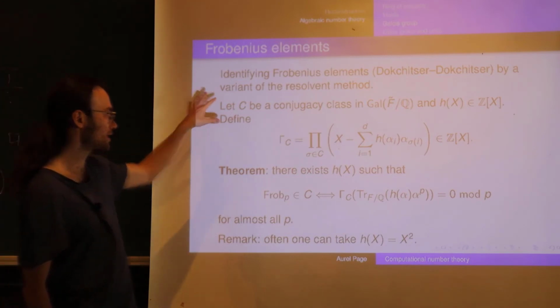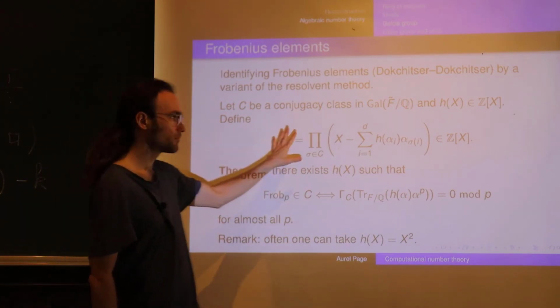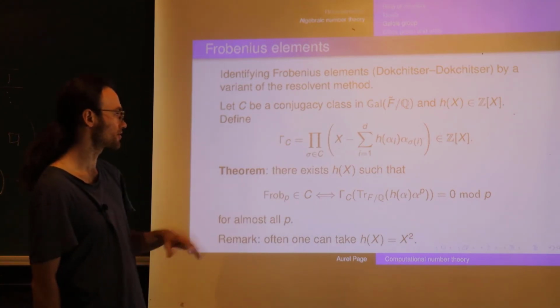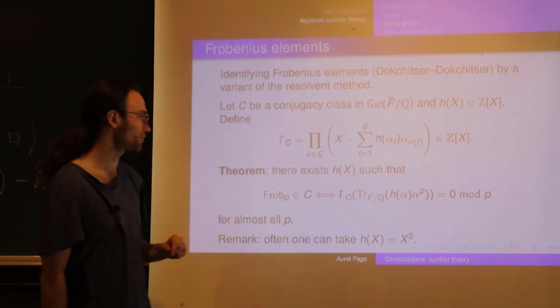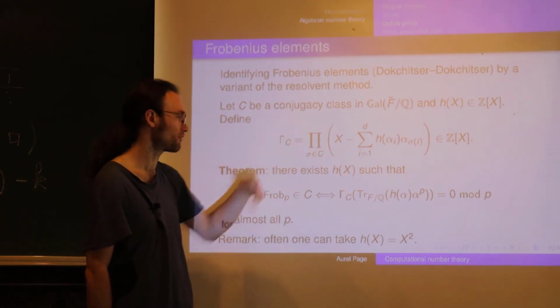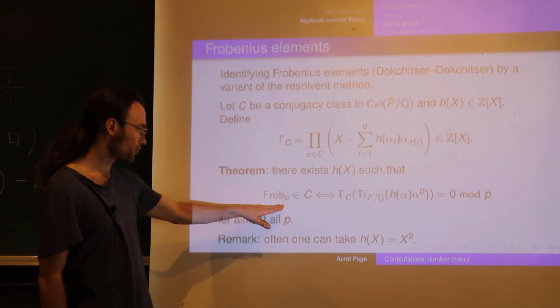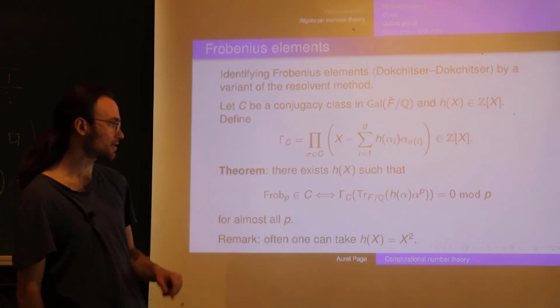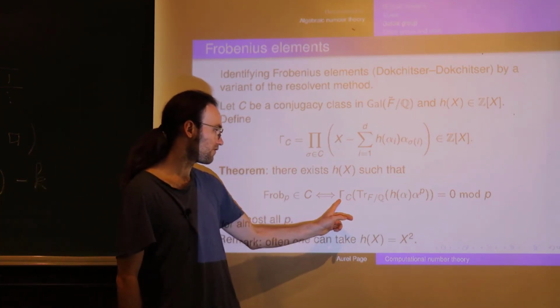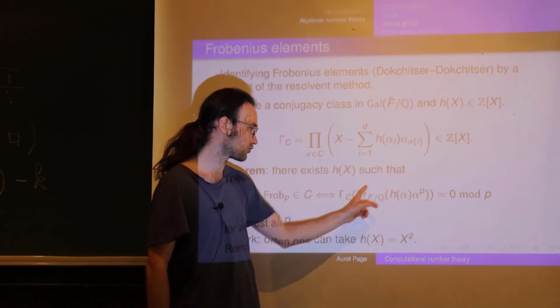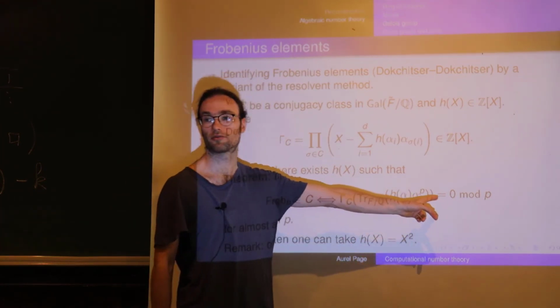So you take a conjugacy class, you construct a certain polynomial. Okay, the precise shape doesn't matter that much for now. It's another type of resolvent, basically. And the theorem tells you that the Frobenius element is in a conjugacy class if and only if, when you evaluate this at a certain trace modulo p, you get 0.